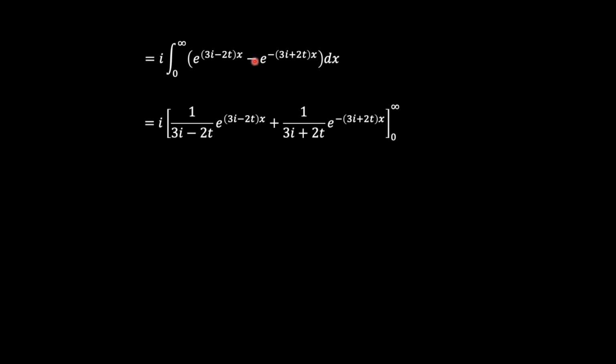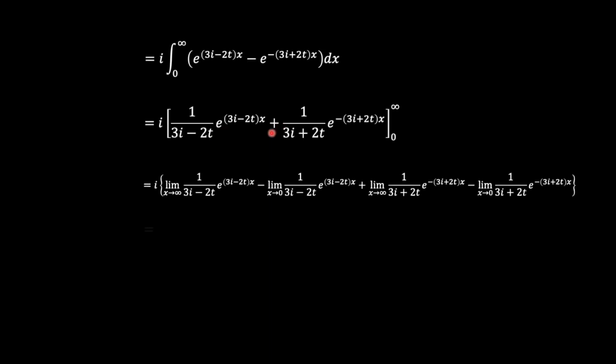Now, the negative here disappeared because when we took this constant down, it had a negative sign from the power, and the negative and negative multiplied becomes a positive. So substituting the limits: the upper limit as x tends to infinity of 1 over (3i minus 2t) times e to the power (3i minus 2t)x, minus the limit as x tends to 0 of 1 over (3i minus 2t) times e to the power (3i minus 2t)x.